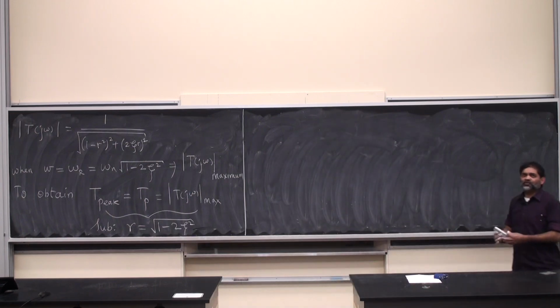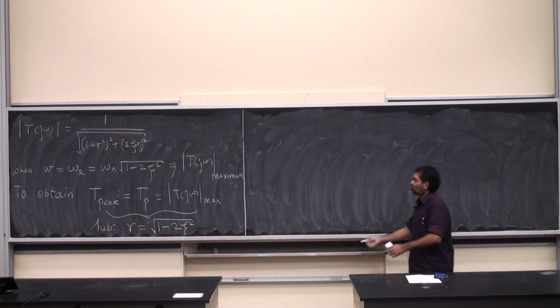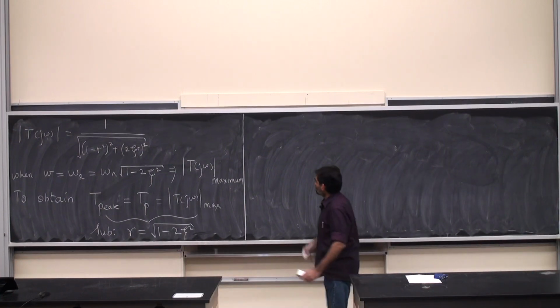So if I do the substitution, and let's do this very quickly, okay? So take the magnitude of T of j omega.